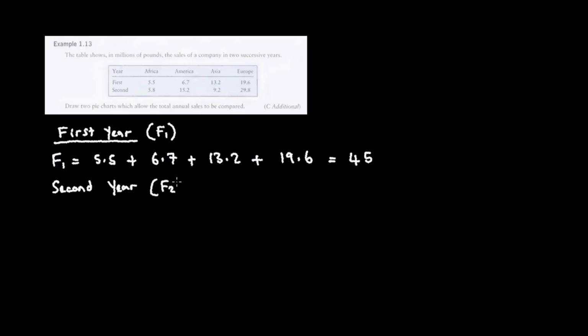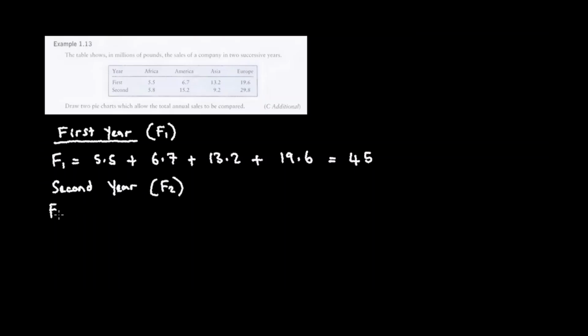f1 here is equal to 5.5 plus 6.7 plus 13.2 plus 19.6. Adding everything with our calculator, we get 45. Then for our second year, let's call the population f2.